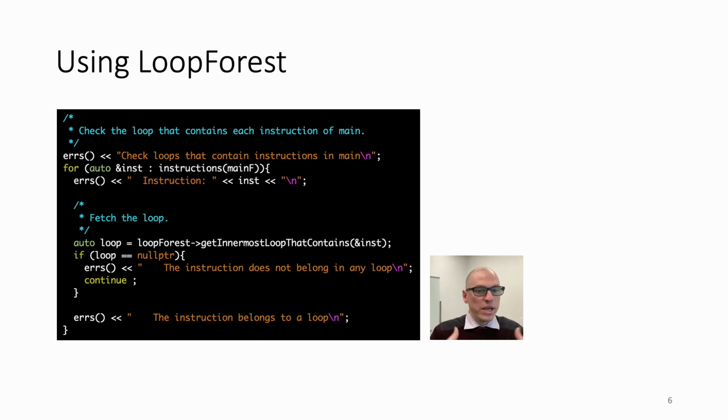And that is going to be a loop that is included in the forest that you are using. If instead that instruction does not belong to any loop within the forest you're using, then it returns a null pointer. And if instead the instruction does belong to a loop, then the returned object is an instance of the class LoopTree, which represents an entire tree of loops.